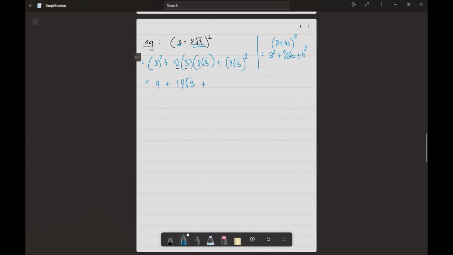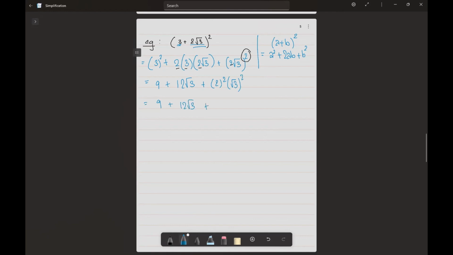Now we have b square. This square is over the entire bracket, so it means that this square is over both 2 and root 3. We have a square over 2 and a square over root 3. So we are going to get 9 plus 12 root 3. Nothing to simplify in here.